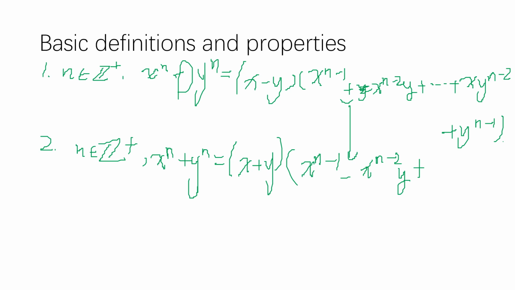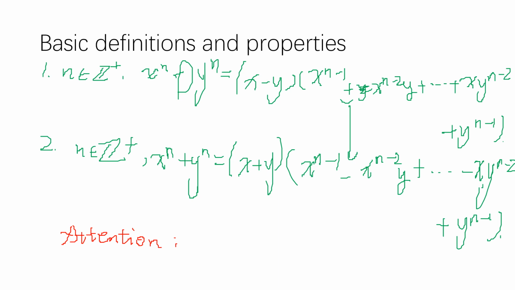And the last two you'll find minus x and minus 2, and then plus 2. You must pay attention that the second one is only available when n is an odd number.